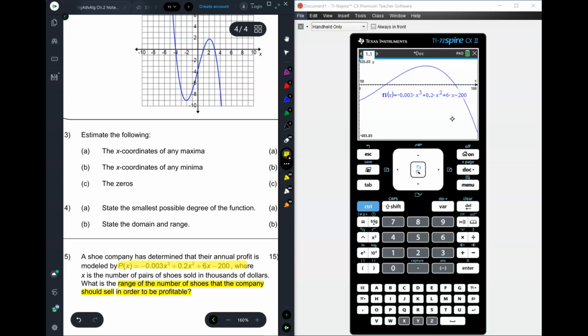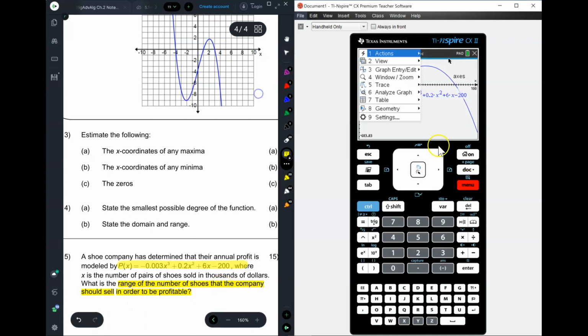So what is the range of the number of shoes that the company should sell in order to be profitable? Where is this profitable? It starts right when it becomes positive to here. This is the region where the company is making a profit. So how many shoes is that? We have to look for the zeros.